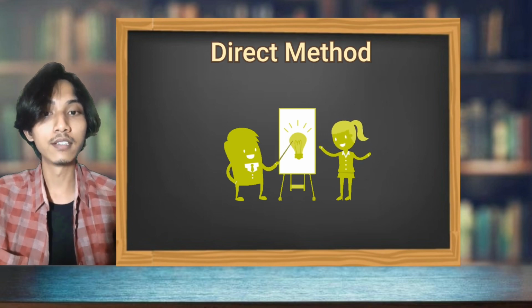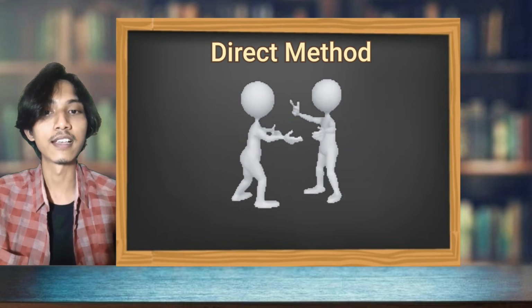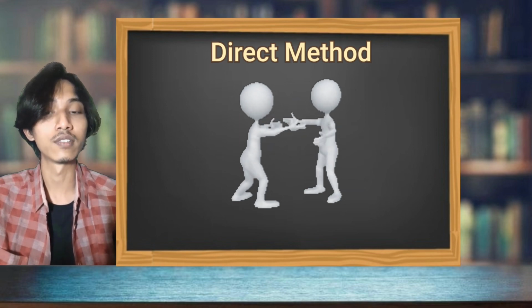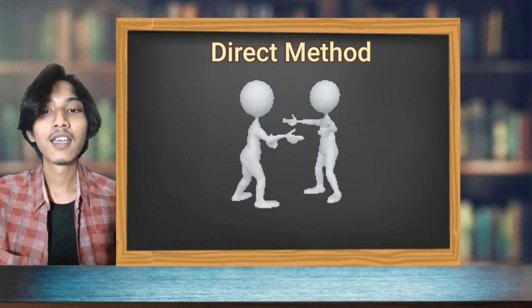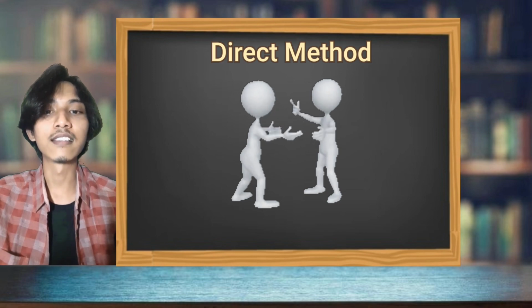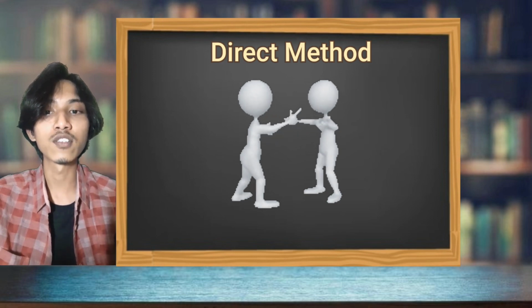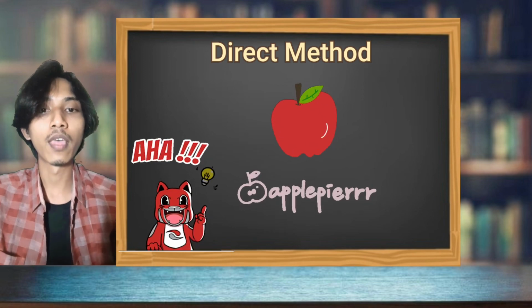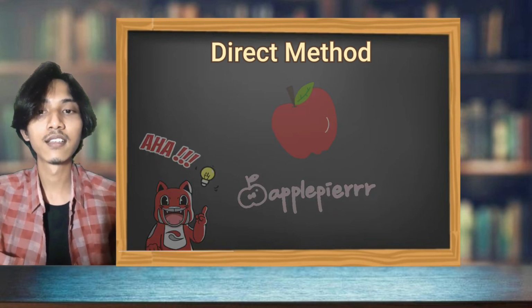In the direct method, language is regarded as a tool for communication and as something that is generated spontaneously, without consciously translating into another language. It was thought that a learner could make a direct association between the second language and its meaning, without the need to translate.